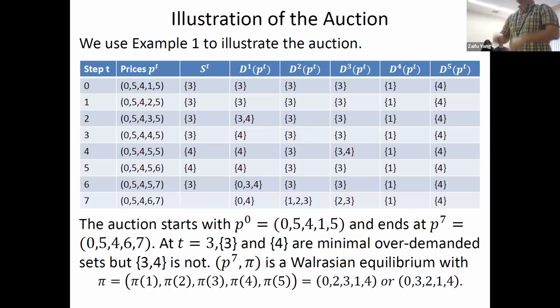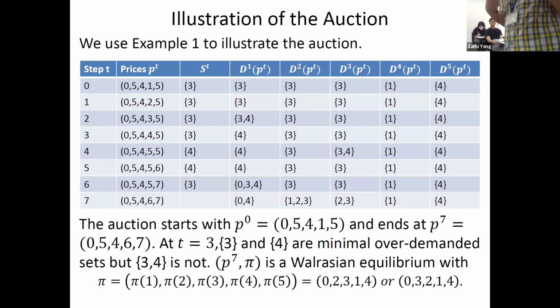Therefore we have 2 efficient assignments. And actually, this price is the minimum valuation price vector. So I think the key point here is that we have to be careful what we mean by a minimum over demanded set.